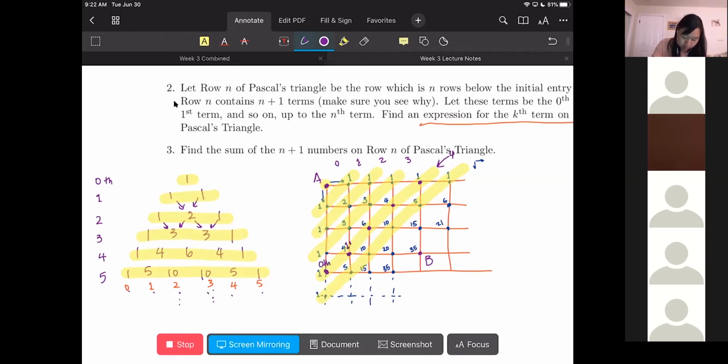This is the first element, second, third, fourth.